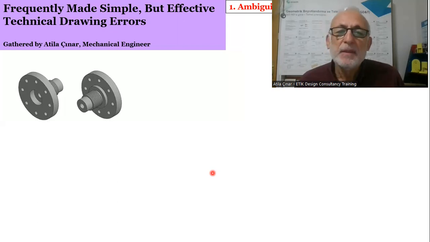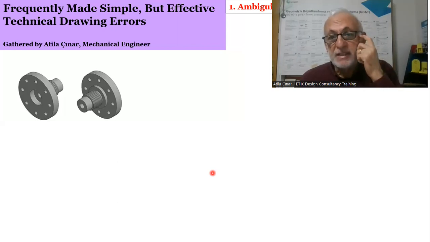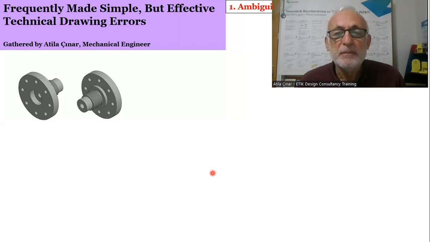It is normal. But some mistakes, although they seem to be simple, may be effective on the result. So in this series of videos, I will try to explain some simple but effective errors, and I will suggest some methods to avoid them.